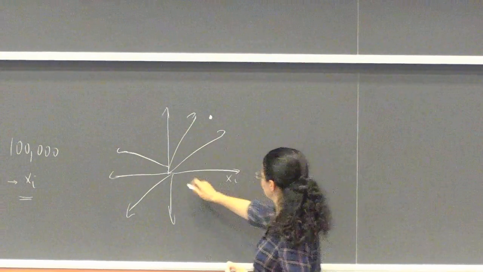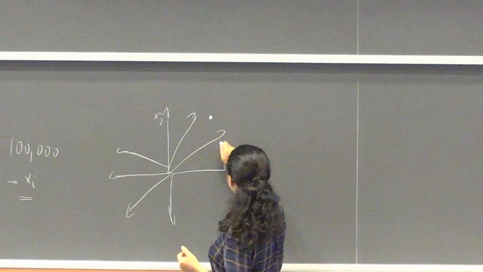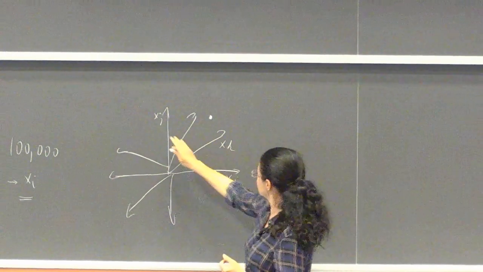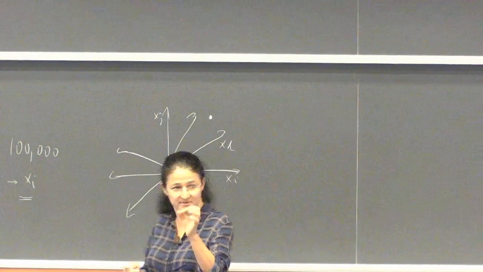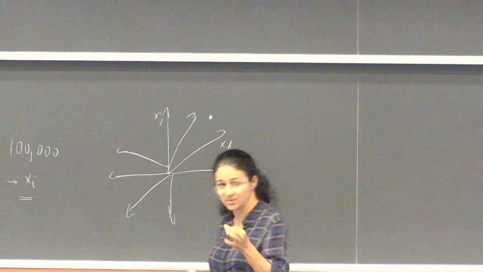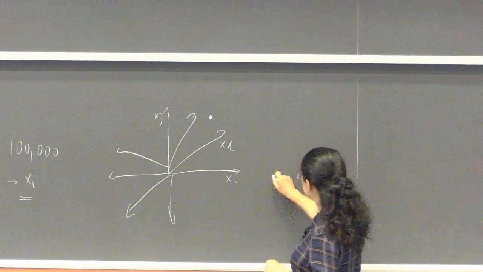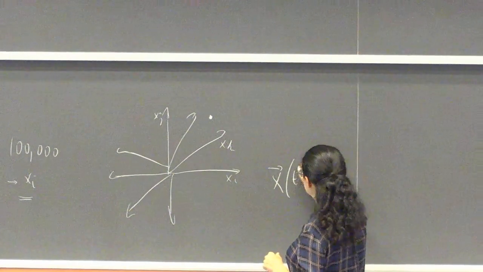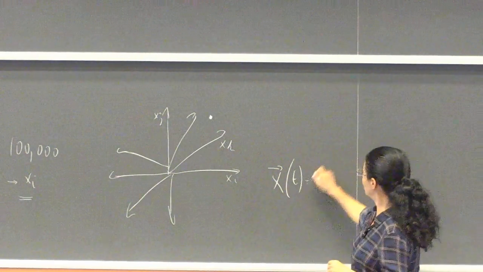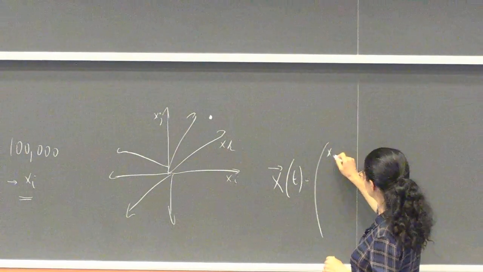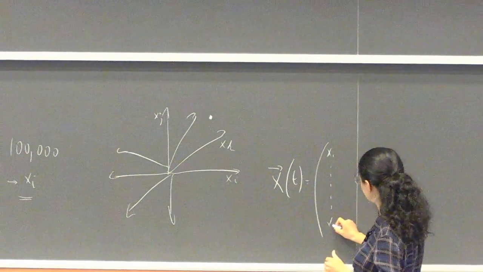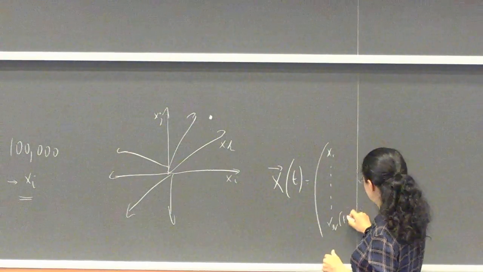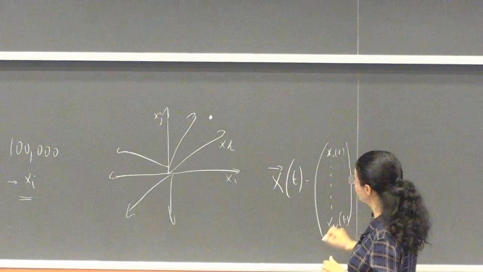So you can label these vectors, and each dimension, as I said, is describing the concentration of a molecular component in the cell. And the state of the cell at time t is this vector, all these numbers, and they are functions of time, okay?